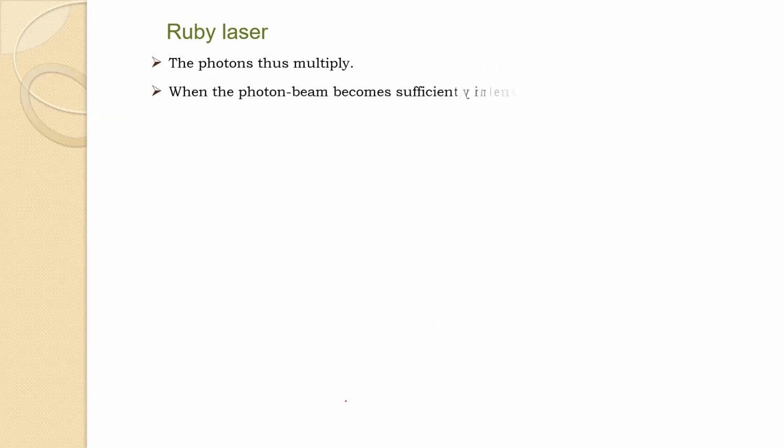So the light is amplified, or the photons multiply. When the photon beam becomes sufficiently intense, a part of it emerges through the partially silvered end of the crystal.